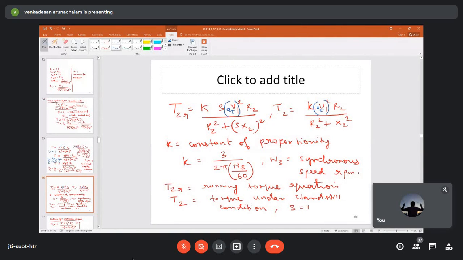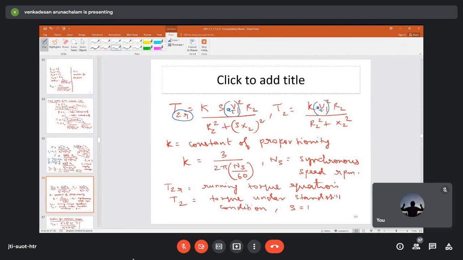That is the torque during running condition. So instead of writing T, you can write T2R like this, right? So the torque during running condition is nothing but K S AT V1 squared R2 divided by R2 squared plus S into X2 the whole square.